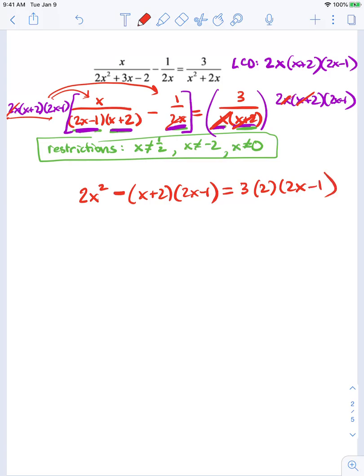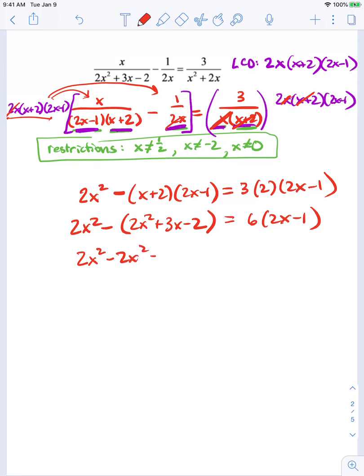All right, let's clean this up. 2x squared minus, so distribute this, 2x squared plus 3x minus 2 equals 6 times 2x minus 1. Combine like terms here, let's distribute the negative. 2x squared minus 2x squared minus 3x plus 2 equals 12x minus 6.